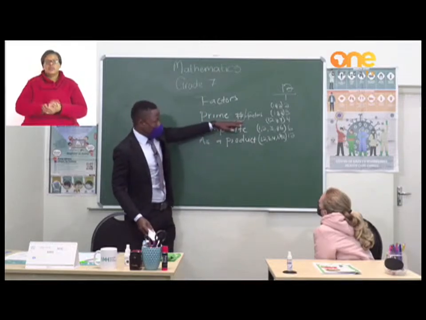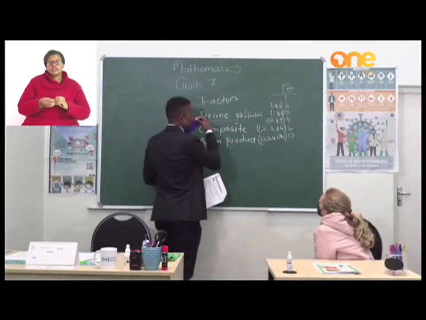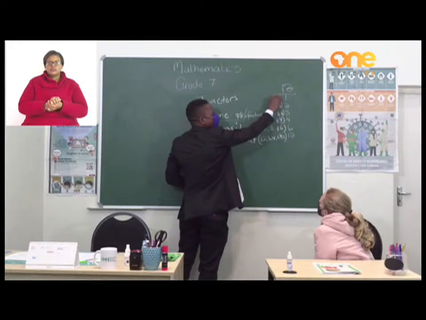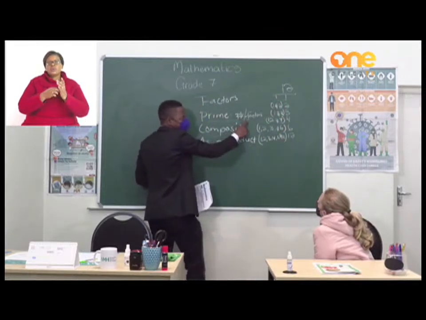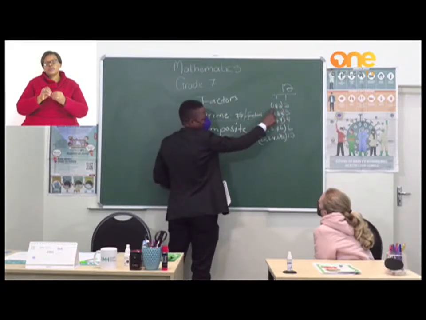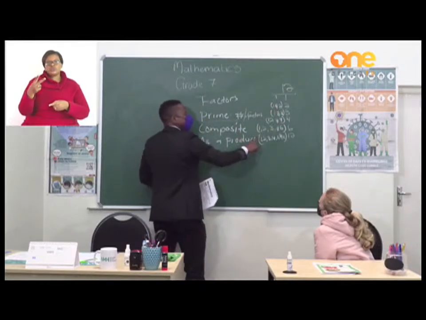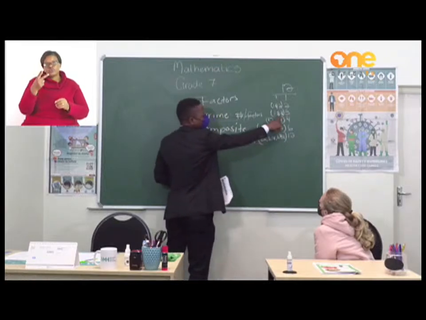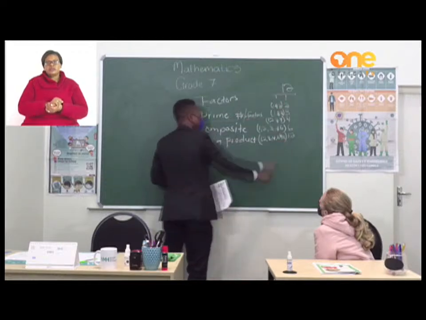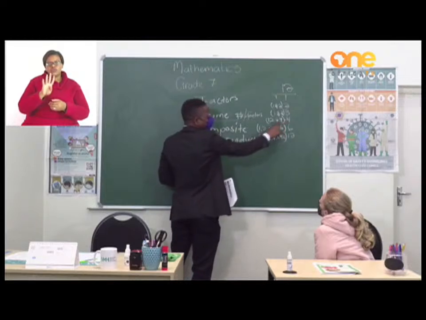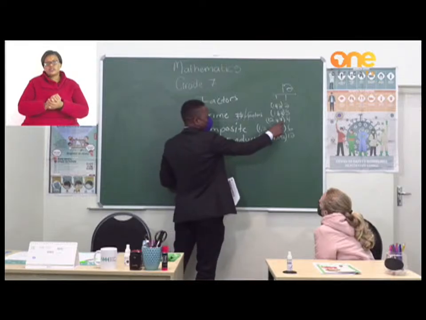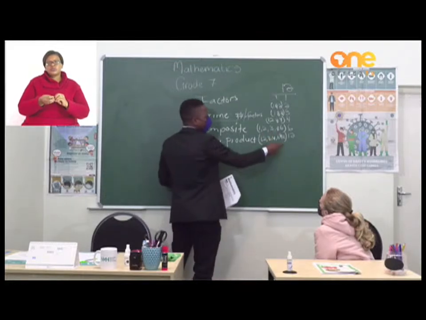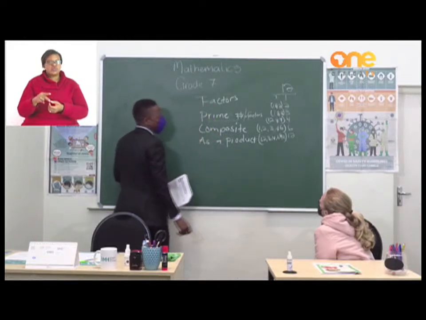A prime number, in this case we say a prime factor, is any factor listed here which has only two factors. 1 has only one factor, so 1 is not a prime factor. 2 has two factors, 1 and 2, so 2 is a prime factor of 12. 3 has two factors, so 3 is a prime factor of 12. 4 has three factors, meaning 4 cannot be a prime number. 6 has more than two factors, so it is not a prime number, and 12 is the same, it cannot be a prime number or a prime factor.